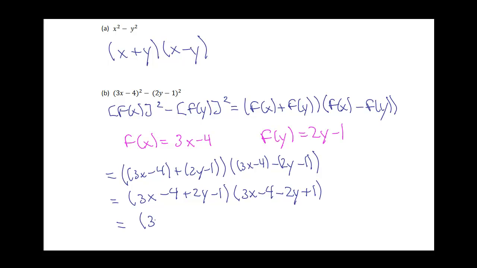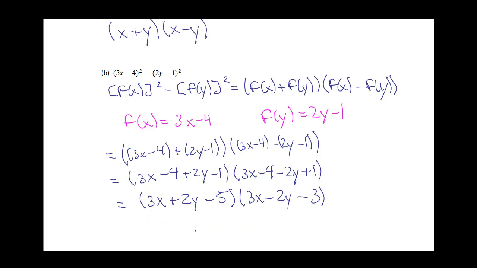Simplifying to 3x plus 2y minus 5 and 3x minus 2y minus 3. And those are our factors for this difference of squares here.